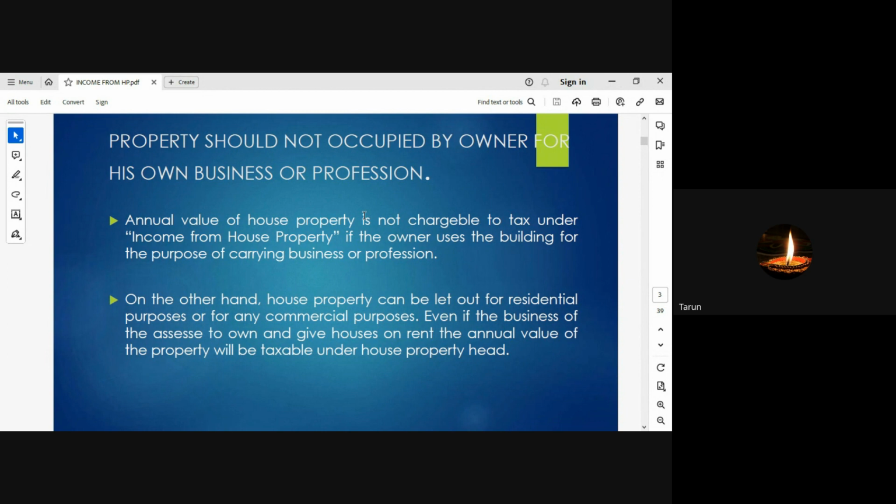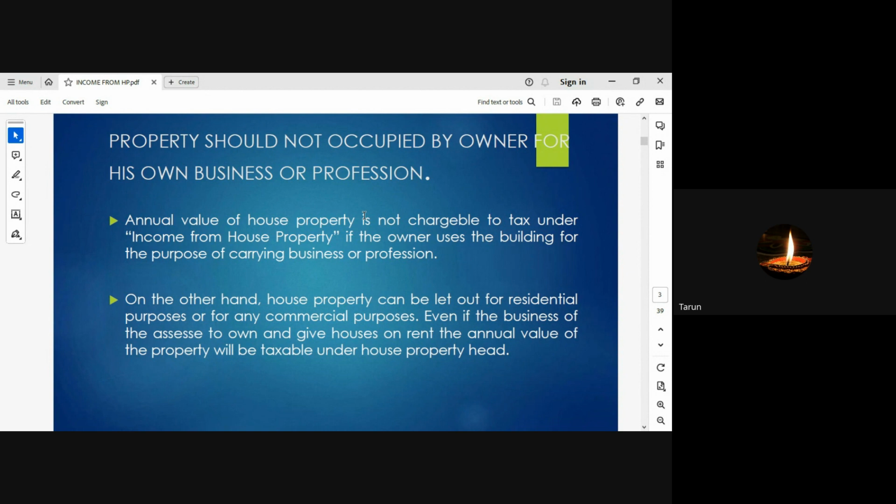The annual value of house property will not be taxable if the building is used for carrying out the business for its own purpose, right? If the owner is using his own building for its own purpose, that property will not be taxable.